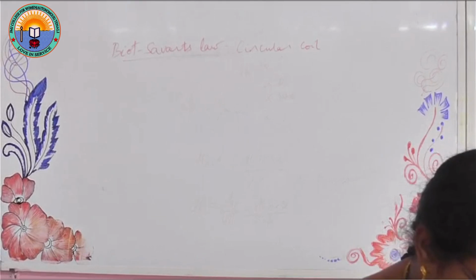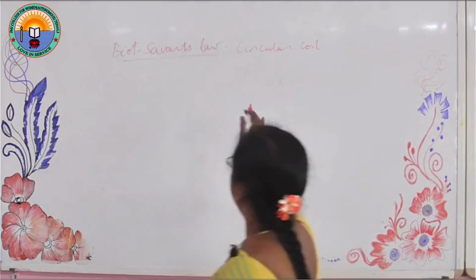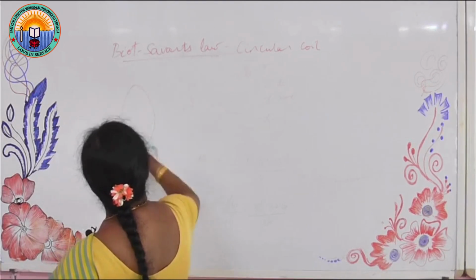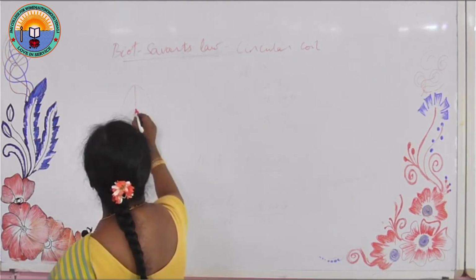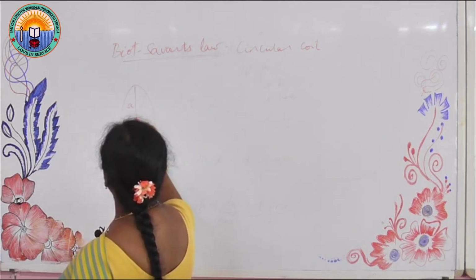For this, we consider a circular coil of radius a and center O.